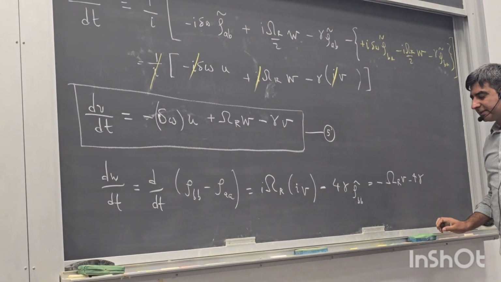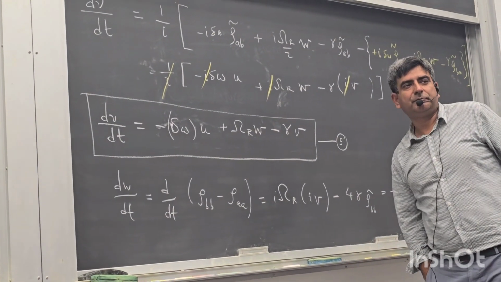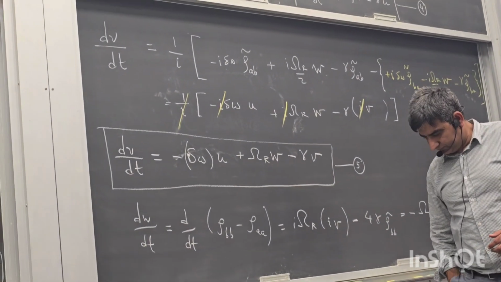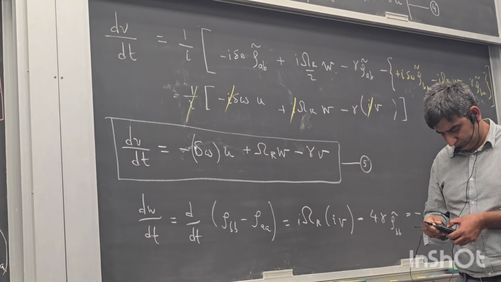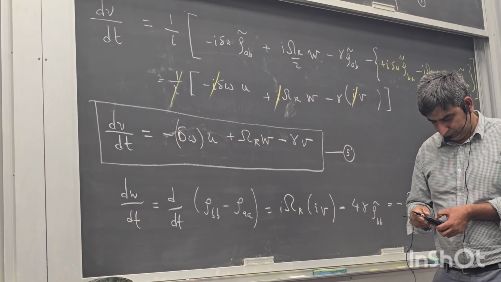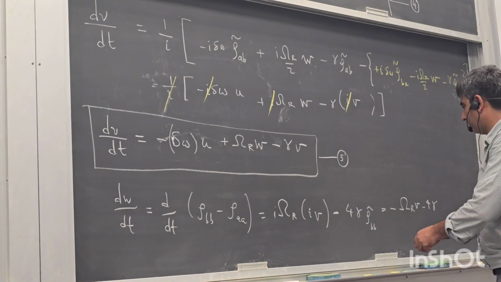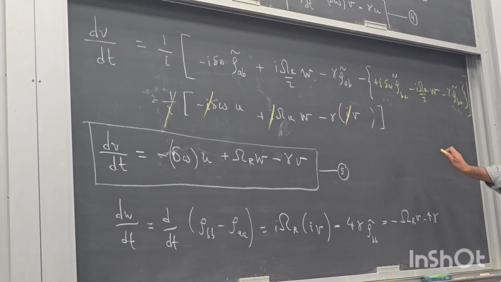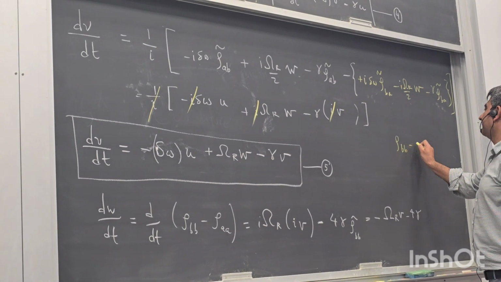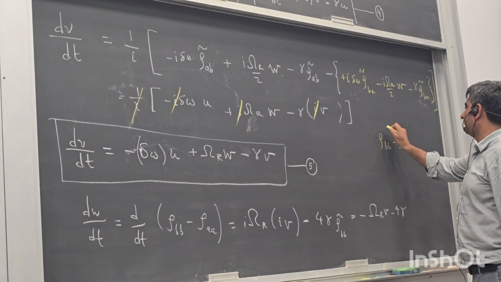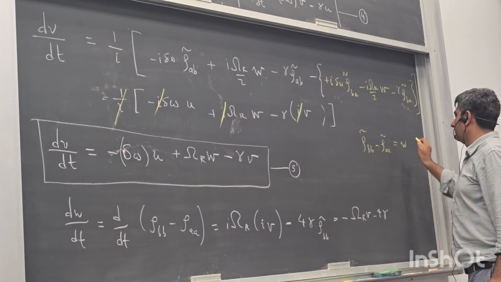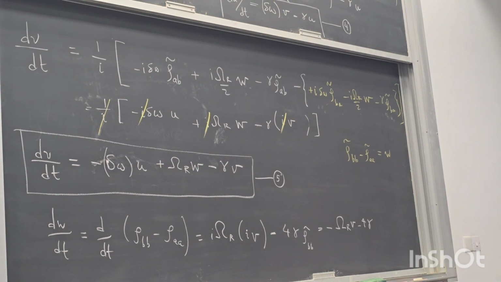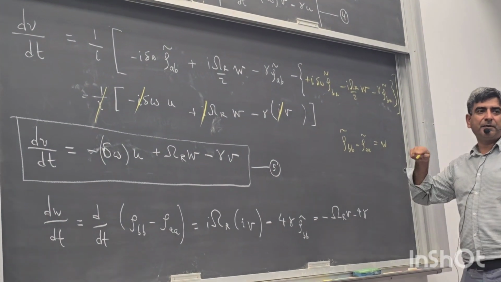rho BB. So let's express rho BB in terms of W. Alright. So we do know that rho BB minus rho AA is W. But we also know that rho AA is 1 minus rho BB.